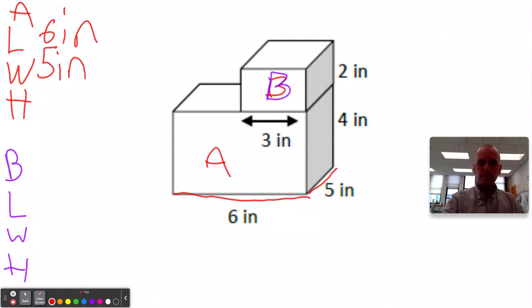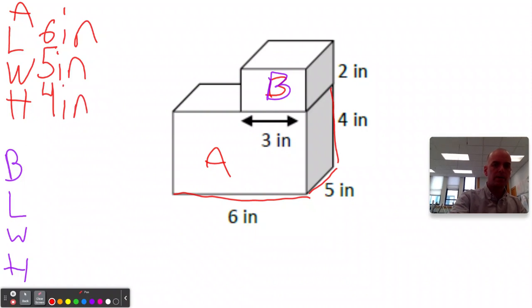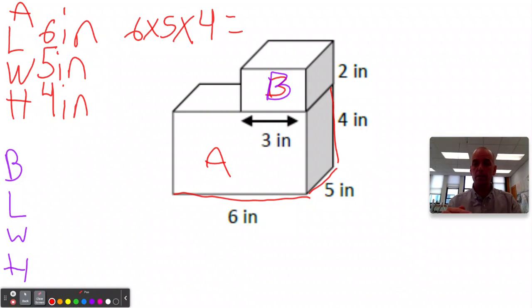And then the height, this here is 4 inches. So you can go ahead and do 6 times 5 times 4 equals 120 inches cubed. Okay.